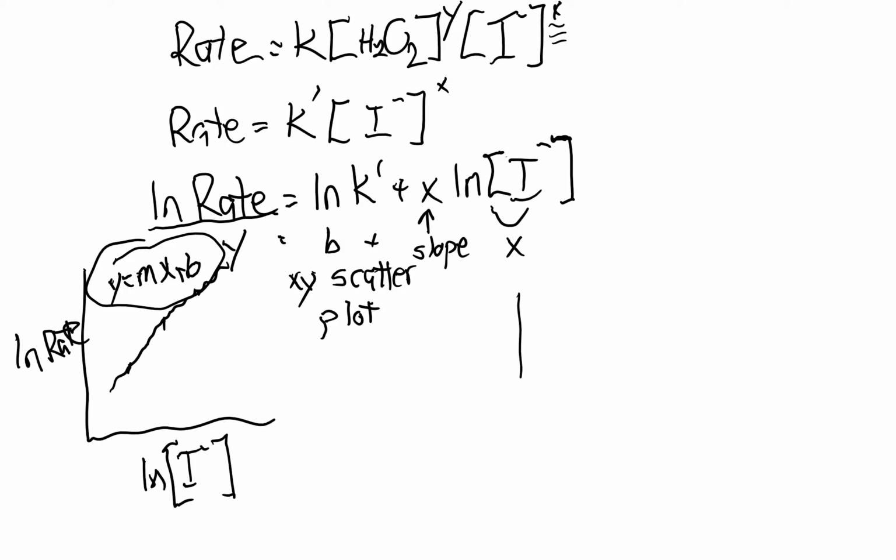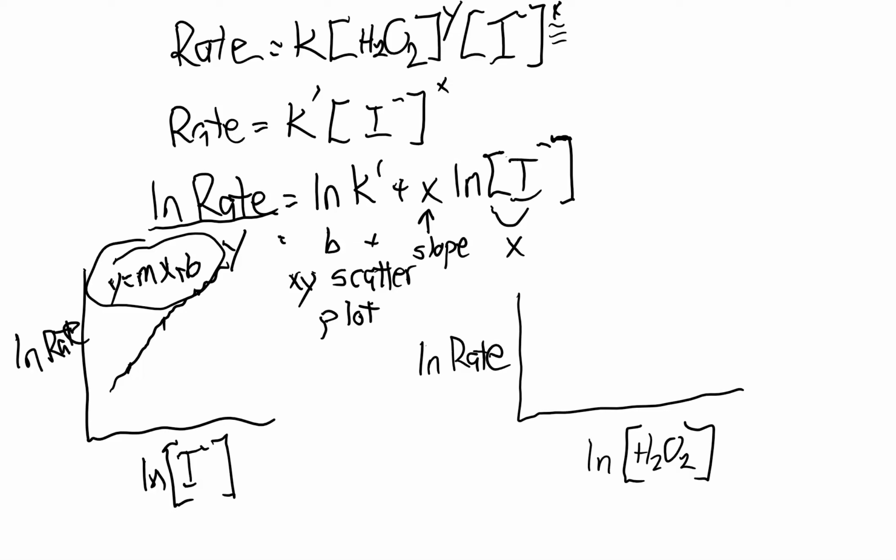Again, we will have natural log of H2O2 plotted as a function of rate. This too will give us 3 points, which we can make a line from. And again, the slope of this line is the exponent of peroxide.